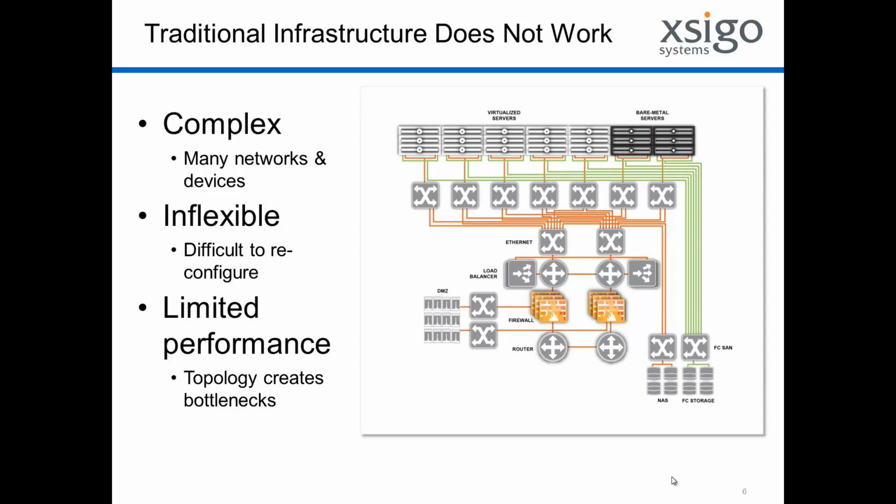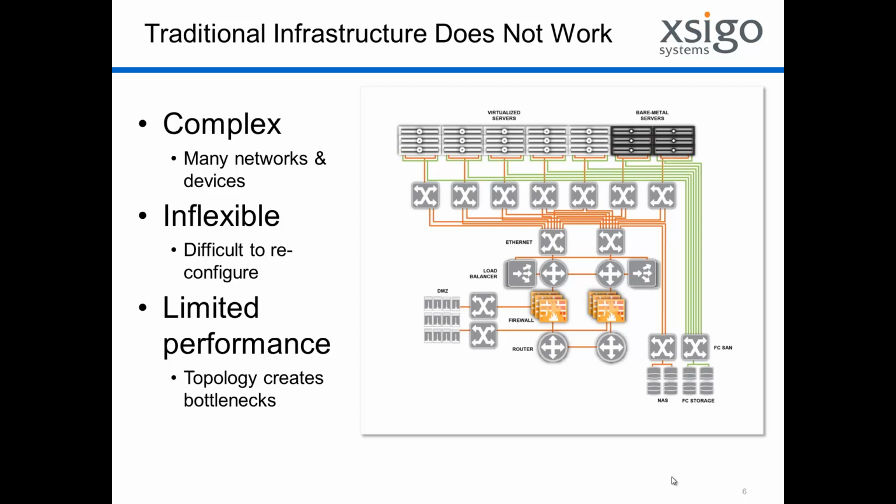One thing's for certain, and that is that the traditional infrastructure does not meet any of those requirements. It's complex and inflexible and has built-in bottlenecks. The complexity is in layers. You have aggregation layers, you have different types of devices, you have appliances that have specific functions, all of these wired together in ways that are very, very hard to change once they've been put in place.